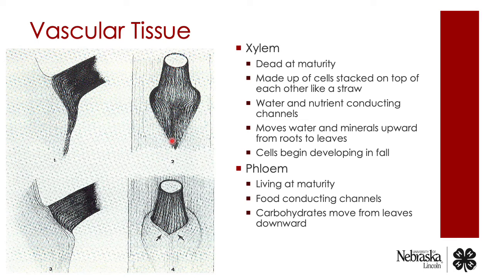Now, a little bit later in the spring, the cells in the trunk start to grow, and the new cells in this image are indicated by the lighter tissue. Those cells will wrap around, or grow over, the cells that were put on by the branch.